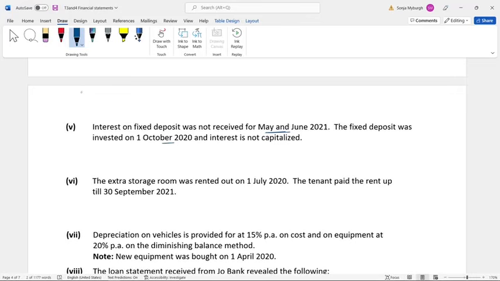Our year starts the 1st of July 2020. August, September, October, November, December, January, February, March, April, May, June. This is the end of the financial year 2021. But we haven't received May and June yet.